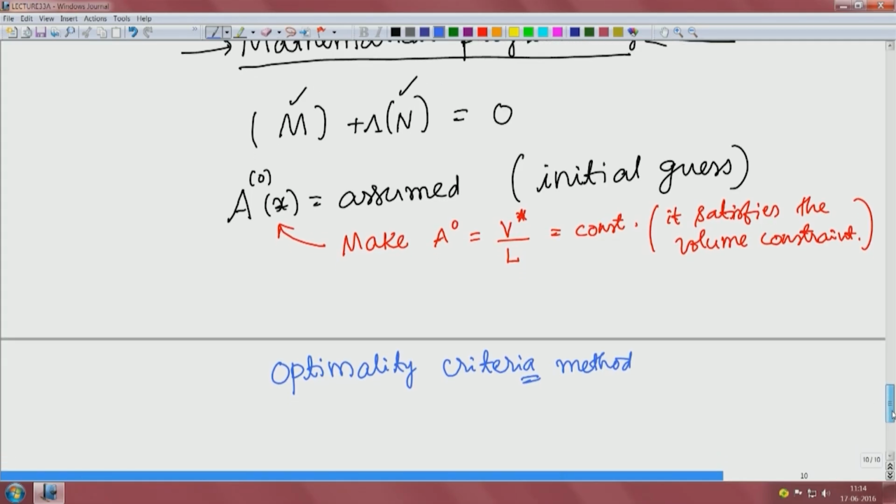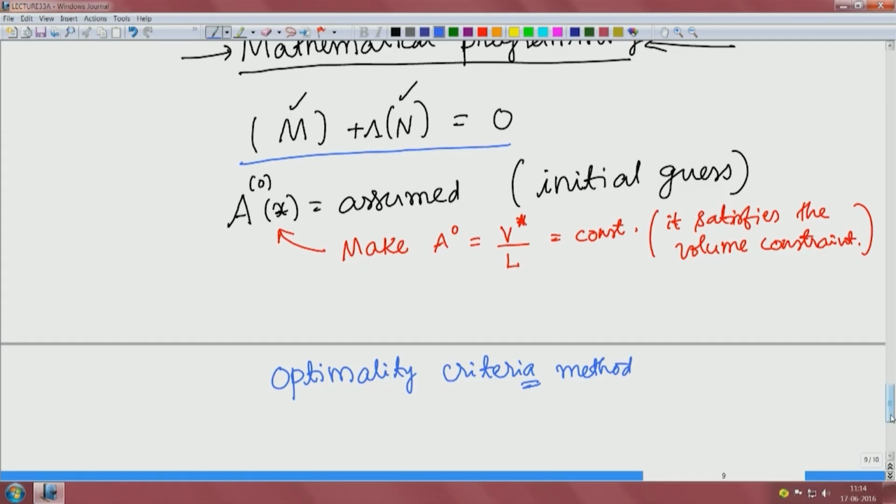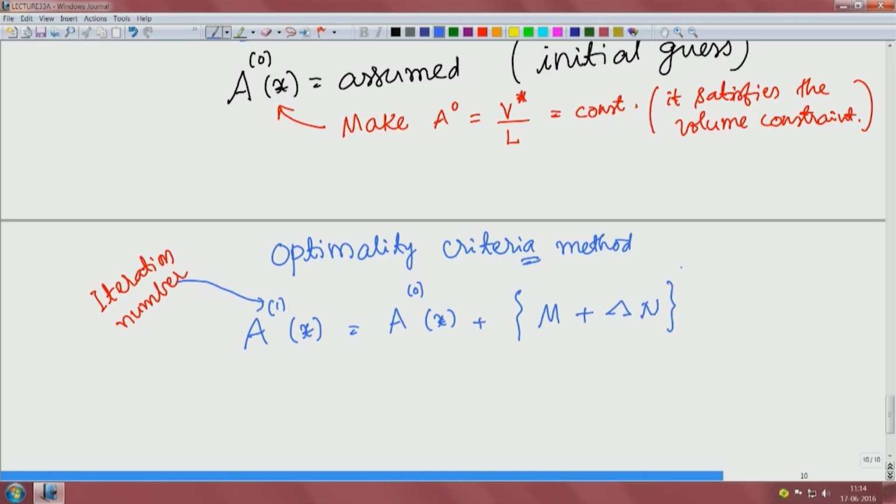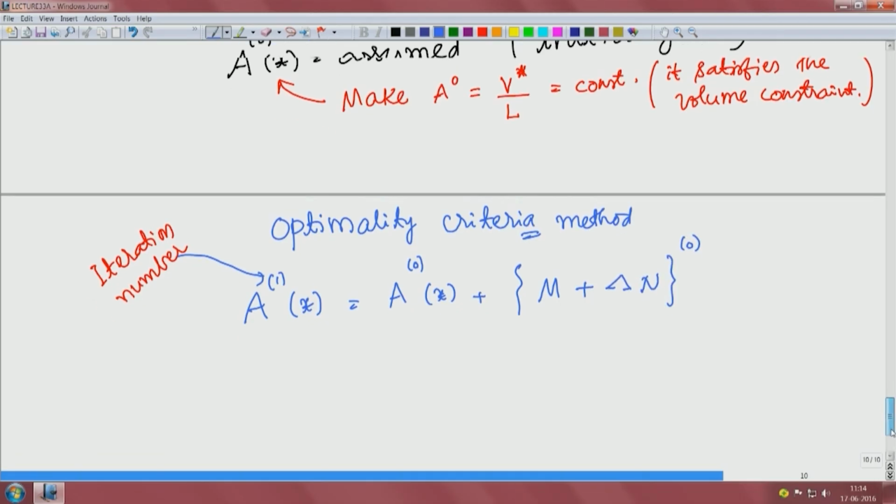What we do is that m plus lambda n, which should be 0, we add it to get A1, the function at the first iteration. The subscript refers to the iteration number. So we add it to the previous function plus m plus lambda times n, all calculated at the 0th iteration.